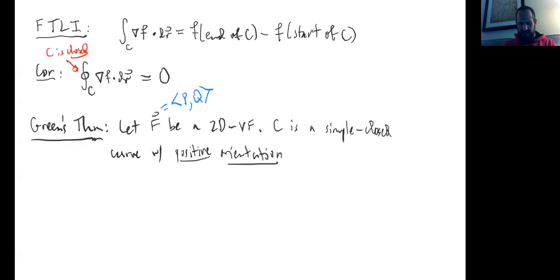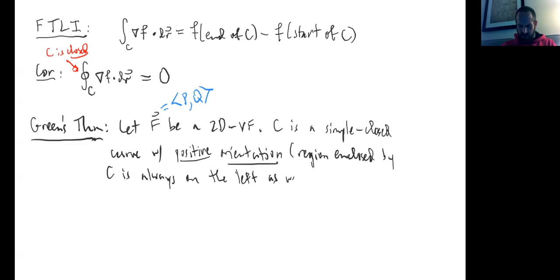Well, that means that the region enclosed by C is always on the left as we move in the direction given.